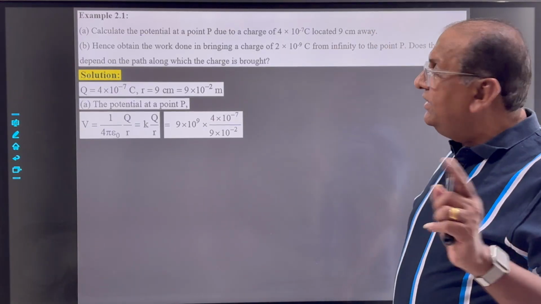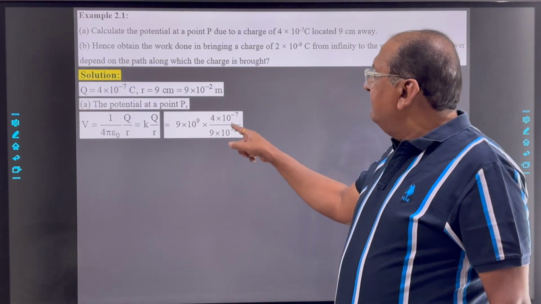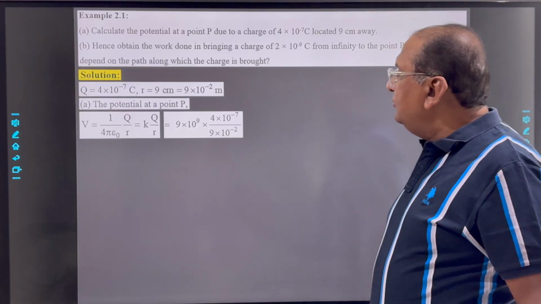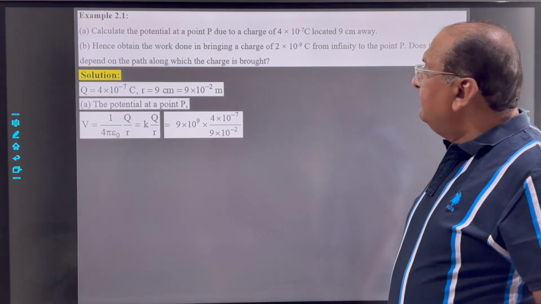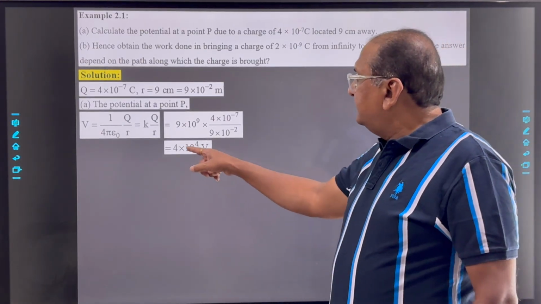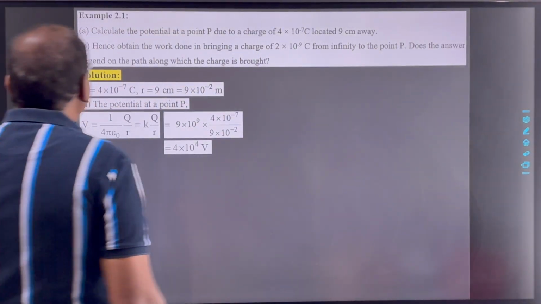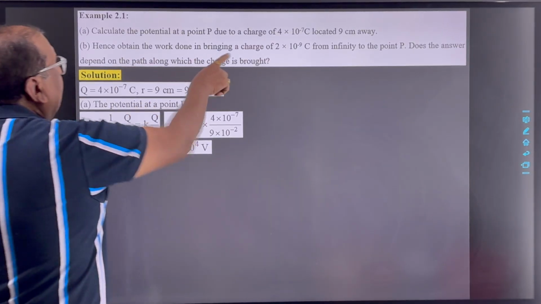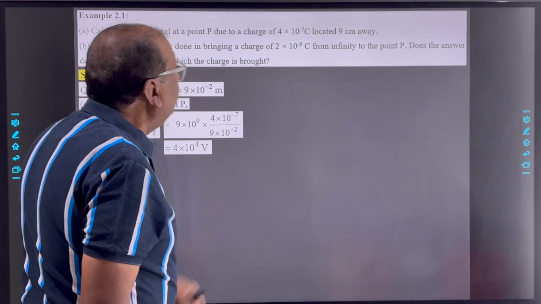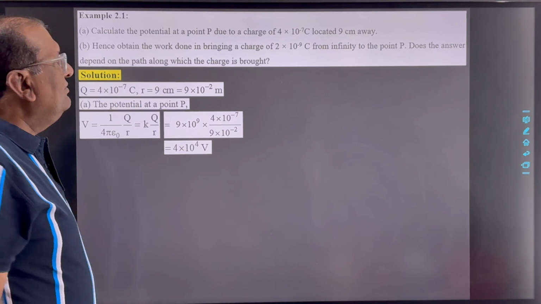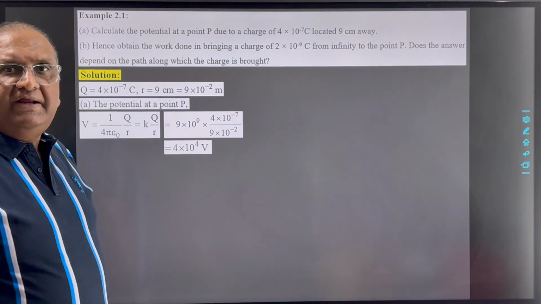Q, that is 4 into 10 raised to minus 7 upon R, that is 9 into 10 raised to minus 2. Solve it. You will get the answer 4 into 10 raised to 4 volt. Now obtain the work done in bringing a charge 2 into 10 raised to minus 9 coulomb from infinity.